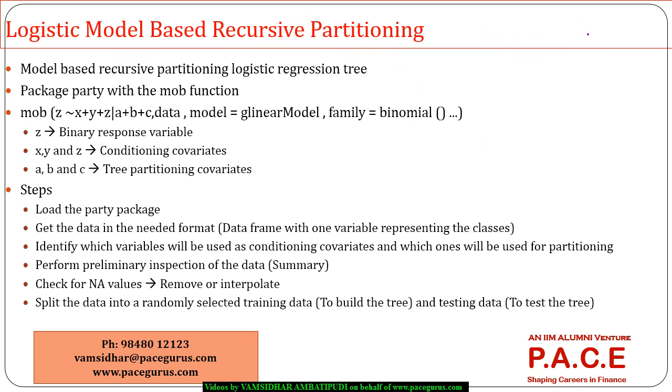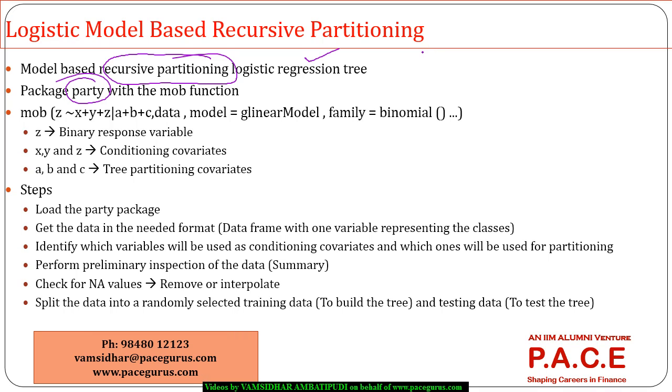So let's get started. This is a model where recursive partitioning is performed, and the entire logistic regression tree is built. The tree that is built here is a logistic regression tree, which can be accomplished with the same party package which we used for our conditional inference classification tree.